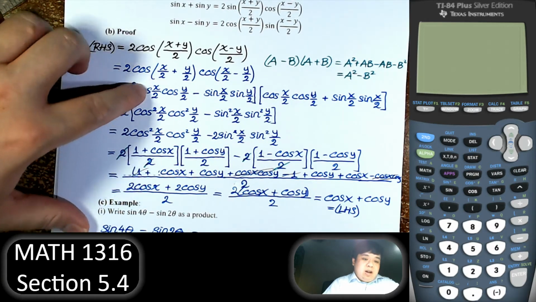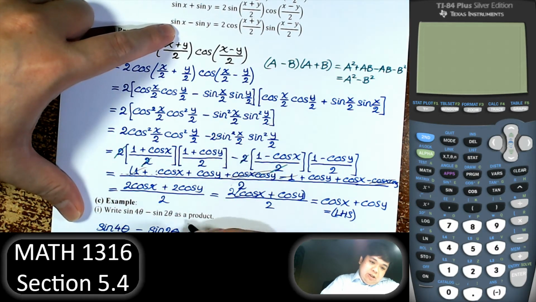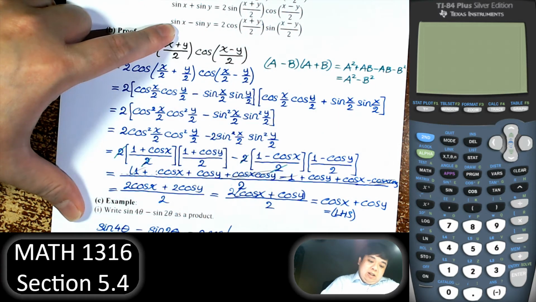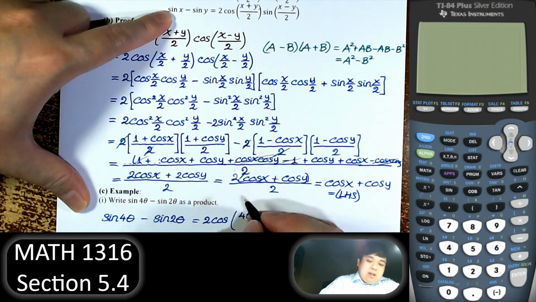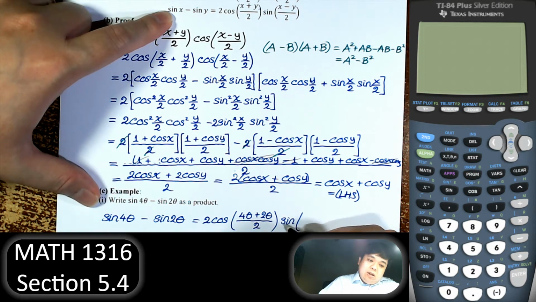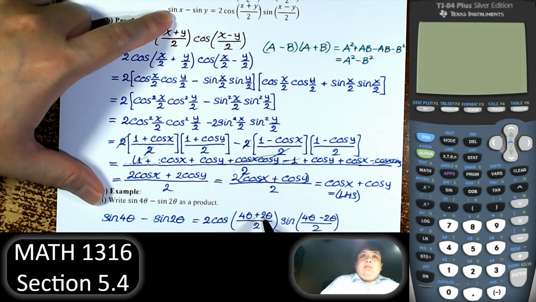A sine minus a sine is going to be 2 cosine of x plus y over 2, 4 theta plus 2 theta divided by 2, and then sine of 4 theta minus 2 theta divided by 2. 4 theta plus 2 theta, that's 6 divided by 2, so cosine 3 theta.